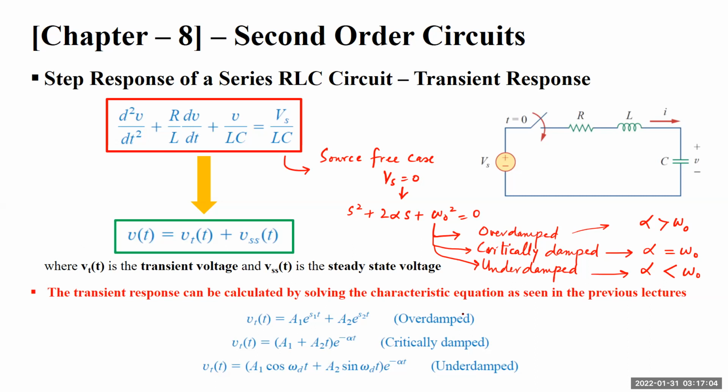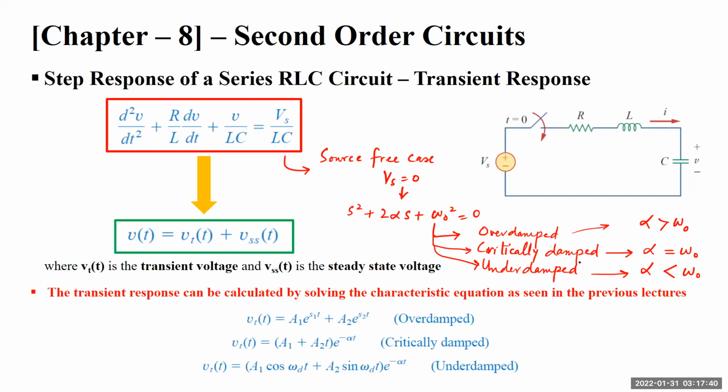And remember, for an overdamped response, the voltage equation looked something like this: a1 e raised to power s1t plus a2 e power s2t. Similarly for a critically damped response, and for an underdamped response, the transient voltage, or the solution for the differential equation, looked something like this. So whenever we have a circuit like this, the first thing we do is divide our response into two parts: the transient response and the steady state response.